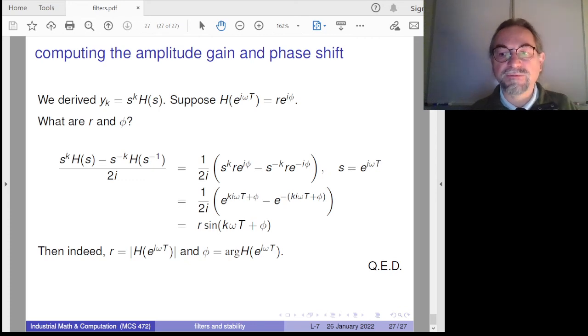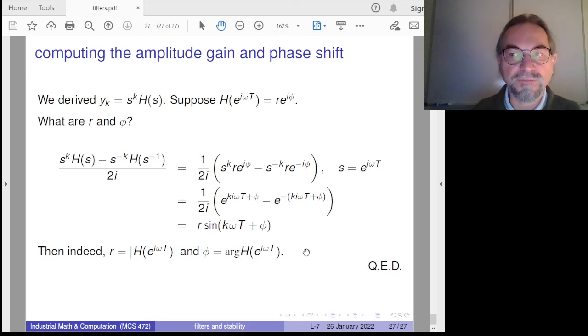The transfer function is defined like this. If we have the transfer function defined like this, we can compute with a very simple manipulation. We can define the amplitude gain and the phase shift.